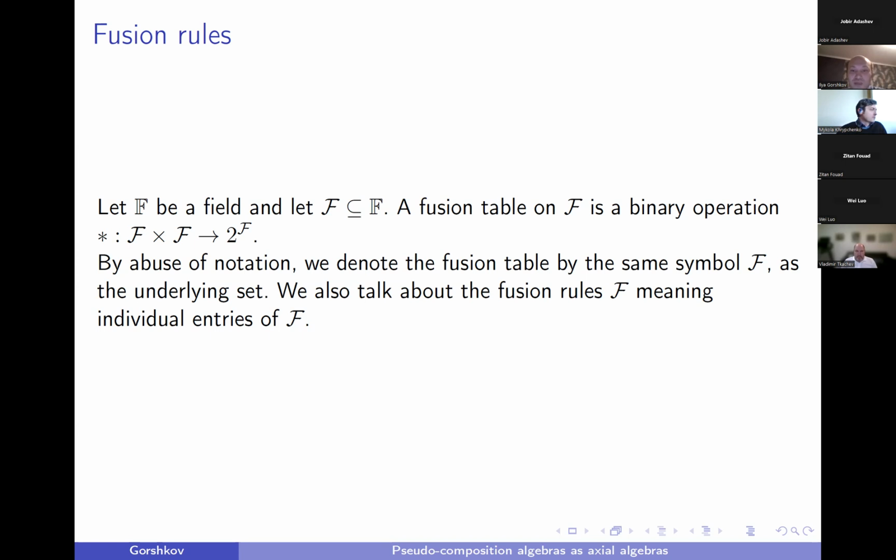And we define a fusion table or fusion law on this subset. It's some operation from F cross F to subsets of F, and usually we will use for the fusion table the same symbol, calligraphic F.